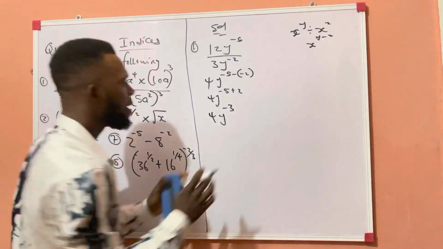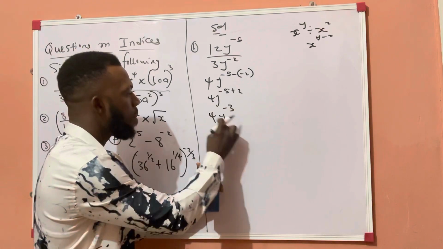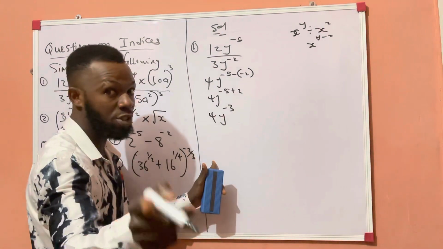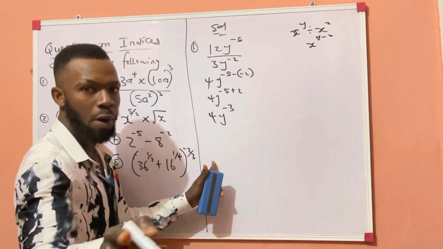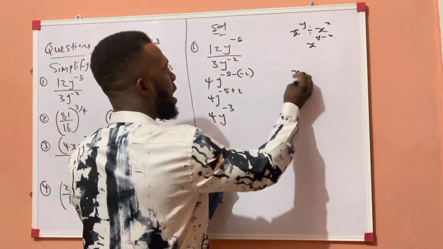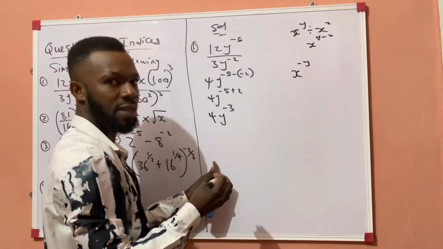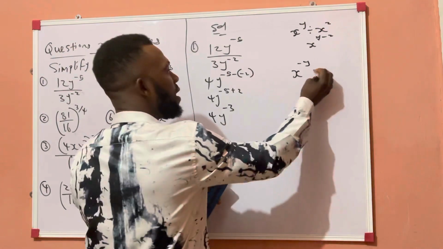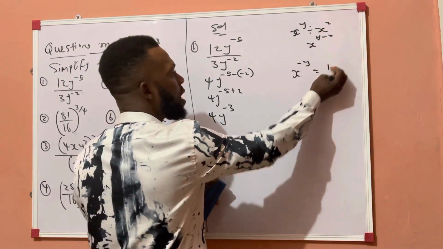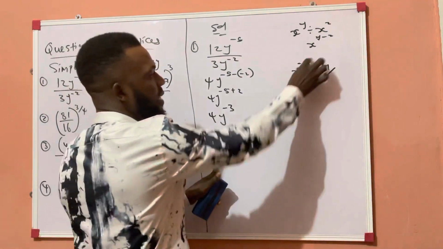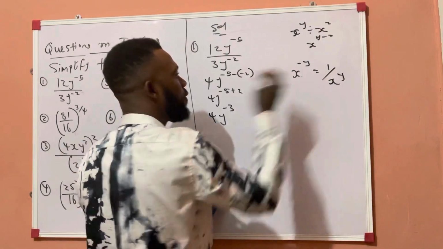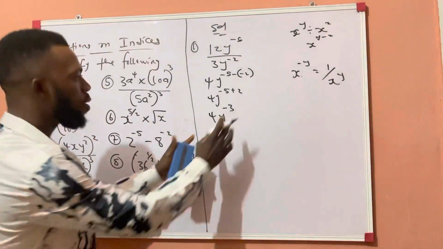Now you will see that this y raised to the power minus 3 is a law that we treated yesterday under the negative power law, which says if you have x raised to the power minus y, the negative sign becomes 1 over, and the x and your positive y comes down. So what am I going to do here now?